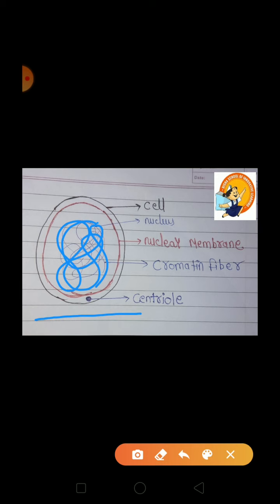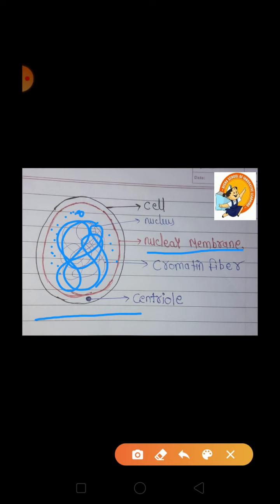It also consists of the nucleolus. Also the cell consists of the cytoplasm. Inside the nucleus, chromatin fibers are present, and the nucleolus is also there, enclosed in the nuclear membrane.